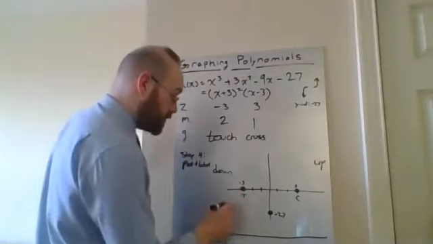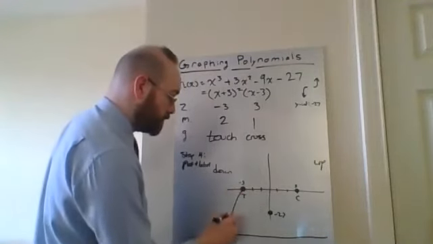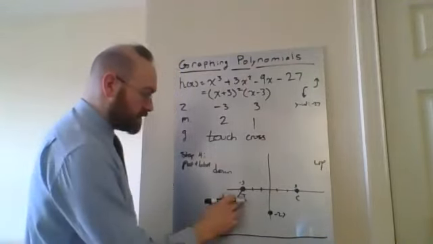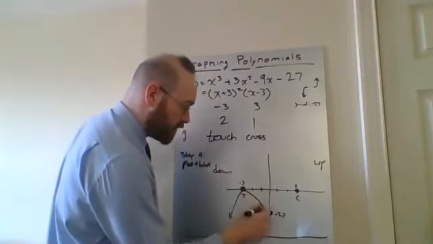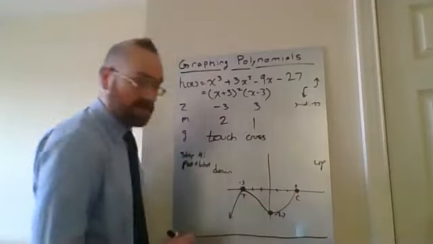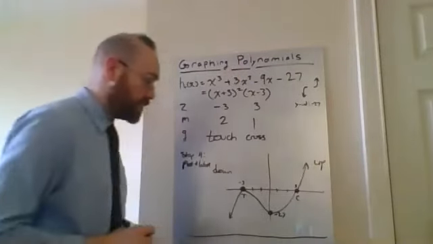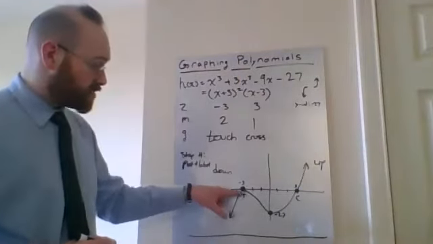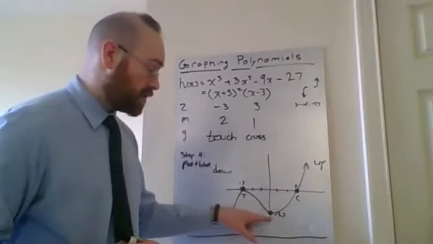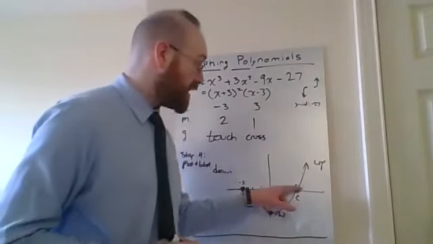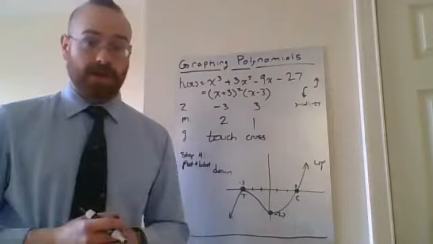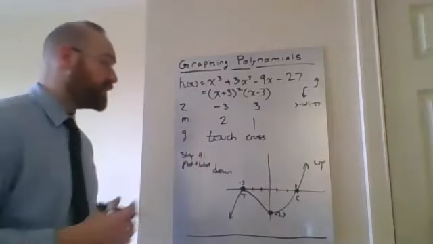So I'm going to go down, and then since it's a touch, I'm going to come back through, and then our last zero is a cross, so it's going to continue up. So we have down, touch, back down to our intercept, back up, cross, and then keep going up. And that gives us our graph.